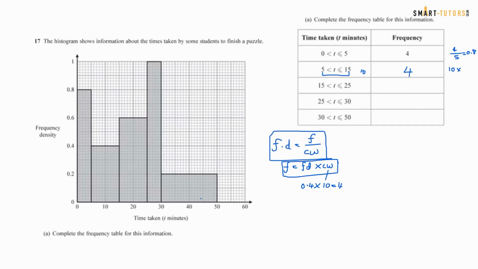You can show the working here. So all you're doing is class width times the height of the bar chart, so 0.4.